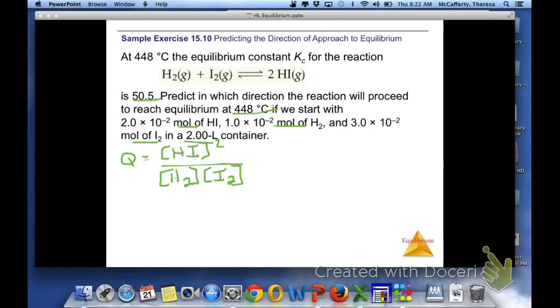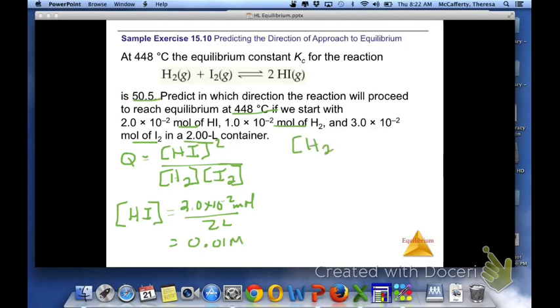Now, they give us moles and a 2-liter container, so the first thing you have to do is calculate the concentration of the hydrogen iodide. Well, that is 2.0 times 10 to the negative 2 moles over 2 liters, which would be 0.01 molarity.